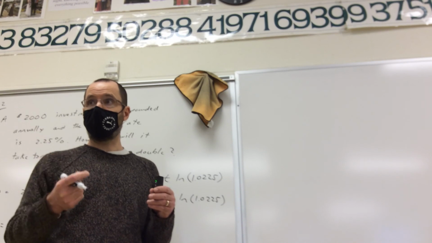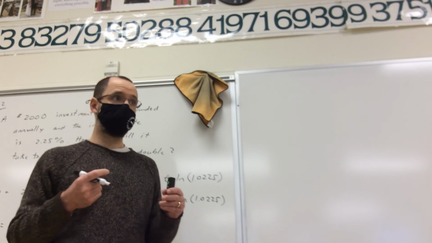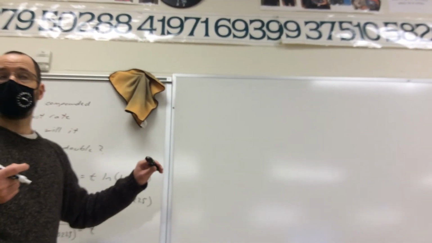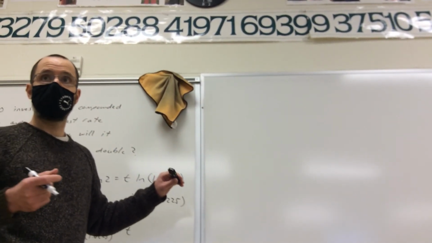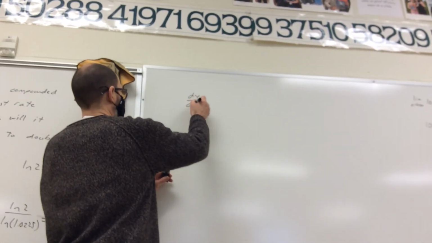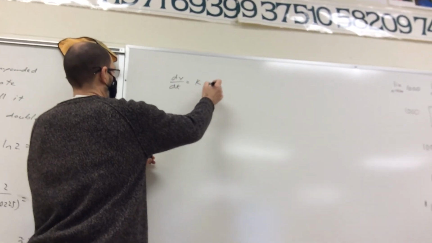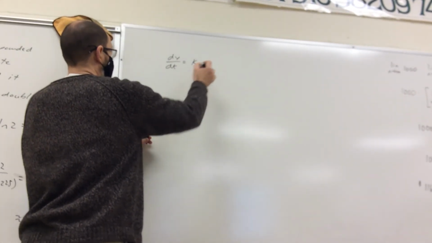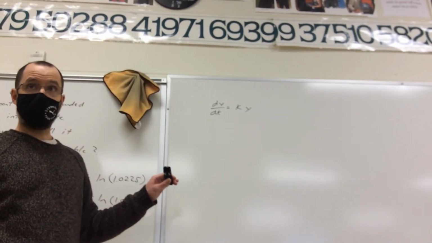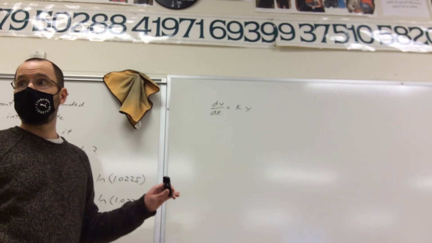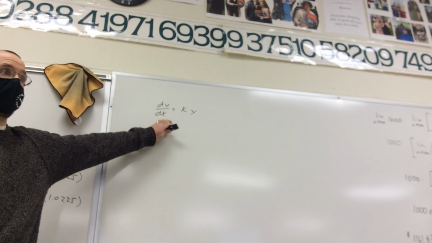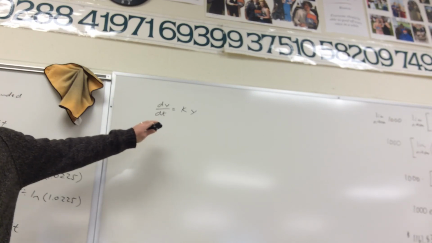If the rate is proportional to the y value, what's the fancy math notation for that? KY. Yes. So it's proportional to the output variable. So this is the fancy math way to say the rate is proportional to the y value.